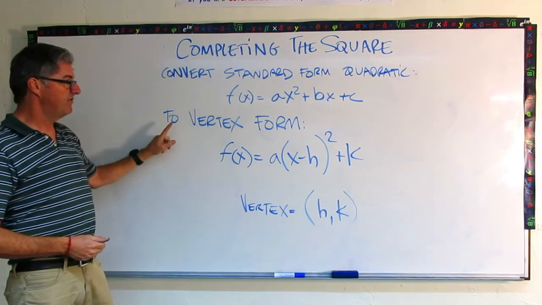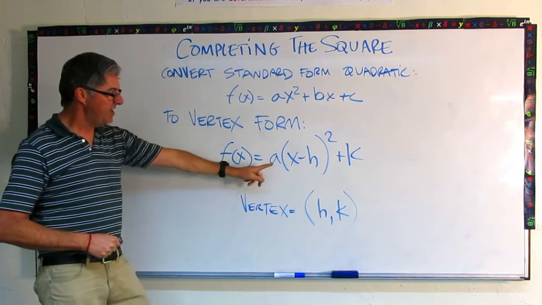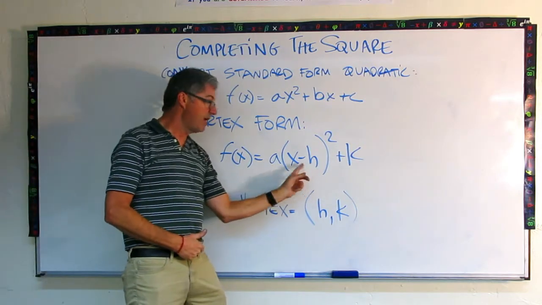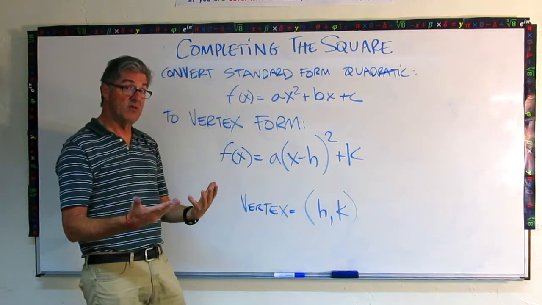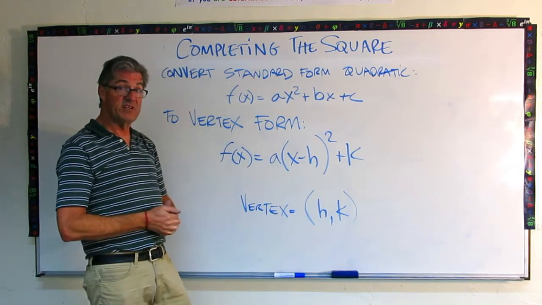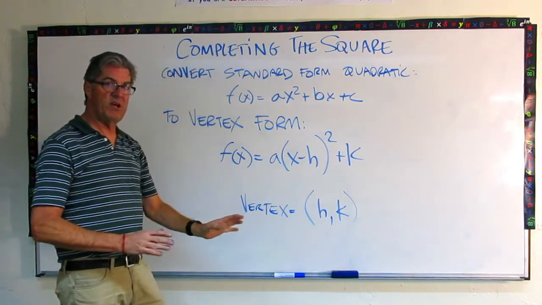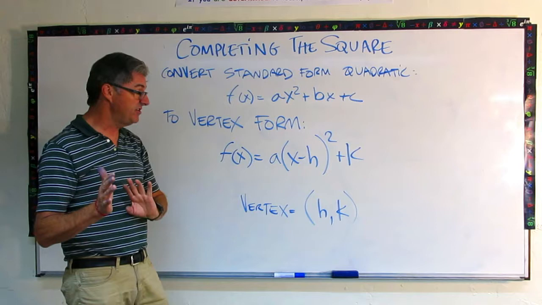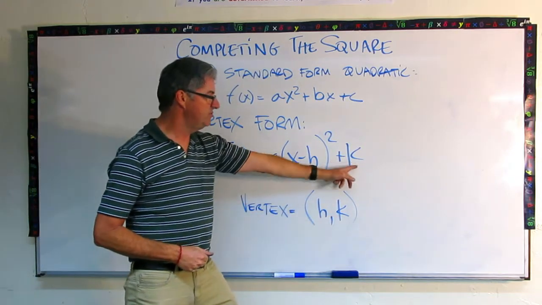So we convert it to vertex form, which you know from an earlier video is f of x equals a times parentheses around x minus h squared plus k. And just to review, the reason this is called vertex form is that you can pull the vertex right from the equation. You don't need to do any calculations. So the vertex is just (h, k), these two numbers.